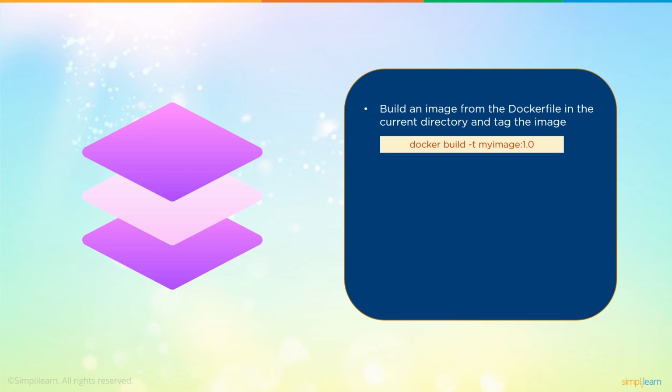Here we are using a tag name called my image, and after the colon we provide the version we want, 1.0, 2.0, 5.0, whatever version you want to refer to.